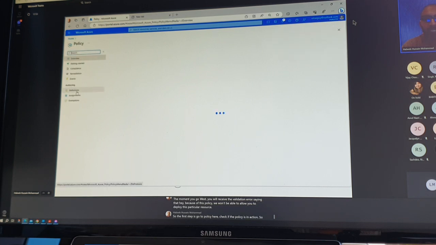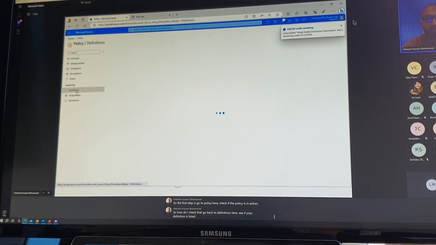So the first step is go to policy here, check if that policy is in action. How do I check that? Go back to definitions here, see if your definition is listed. I'm sorry. From the definitions, you can see the list, but assignments is the page where it will show you whether the policy is in action or not. So let me just show you that custom policy definition that we created yesterday, which was with regards to the location pair.